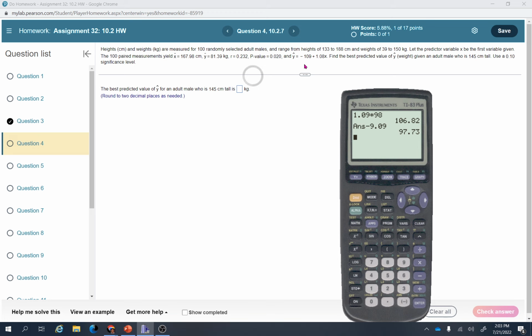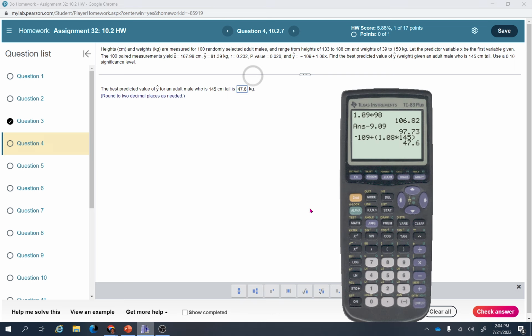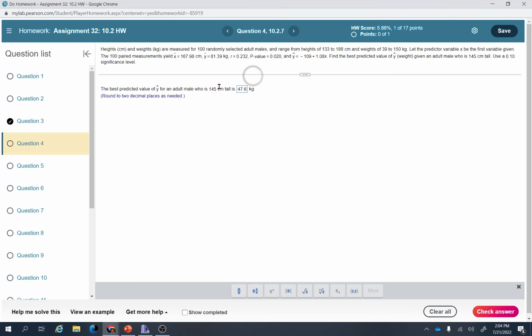You can just type negative 109 plus parenthesis 1.08 times 145, and if you enter it, it gives you 47.6. So that is the weight for that height. Let me go back one more time. It's 47.6.